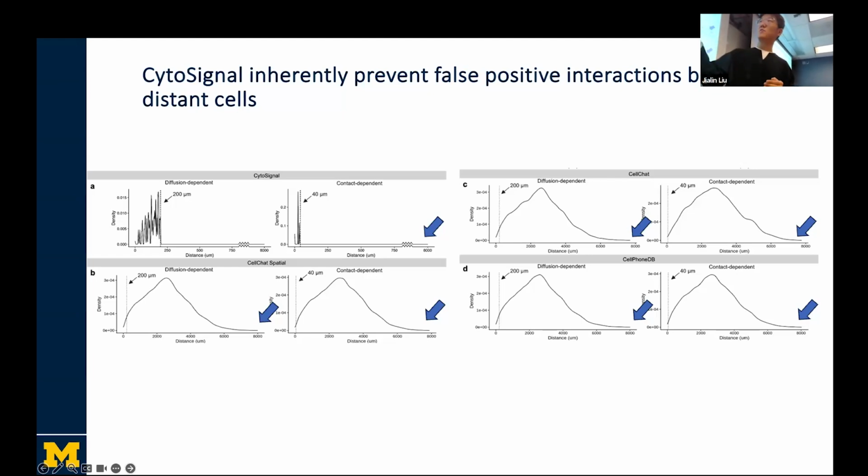You could see CytoSignal does not consider cells that are farther away than 200 micrometers to be significant, while the other software shows a hill. It even tells you that cells that are 8,000 micrometers away are significant, which is totally not reasonable at all.